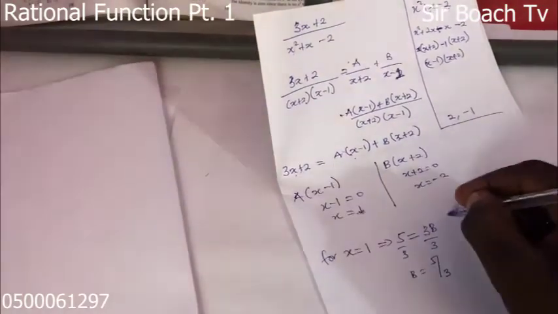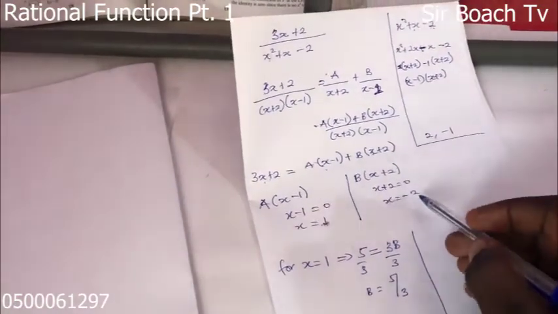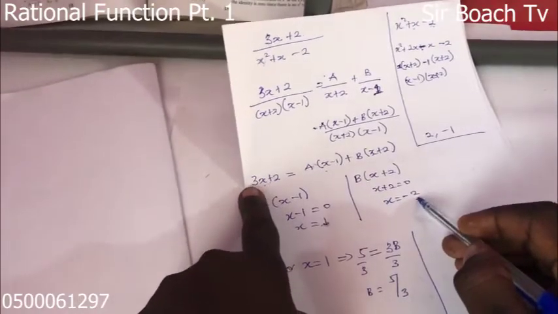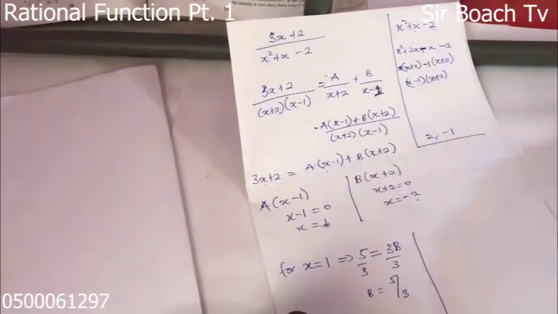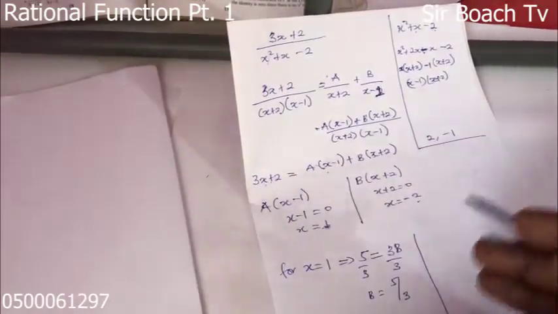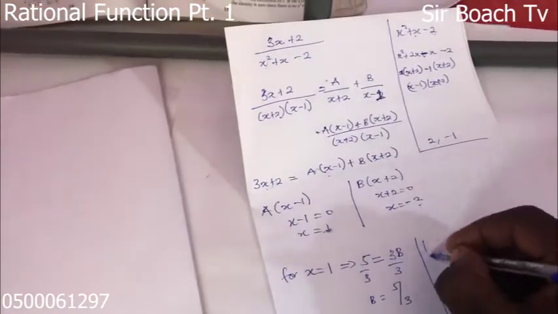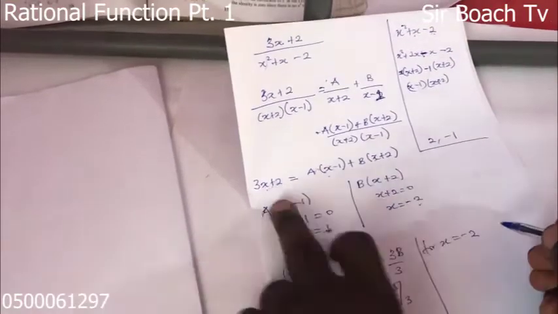Okay. Now let's look at the other one. Now we are putting this one also in this. You see, the A one helped us to find the B. So the B one will also help us to find the what? The A. That's all. So the B one was here. For x equal to minus 2, we'll put the minus 2 here.